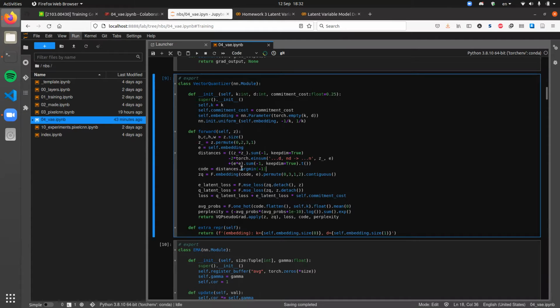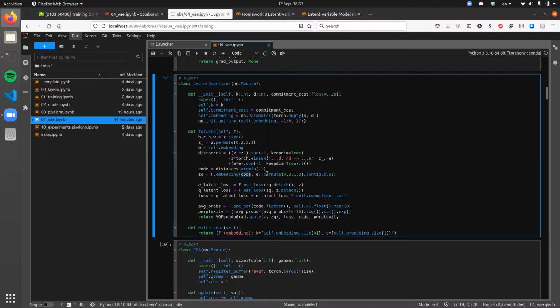Once we do this argmin, each element is a value between 0 and k, which represents the index of the closest code in the codebook. Then what I call ZQ is the input to the decoder, and we just do the embedding lookup into the codebook using these indices.